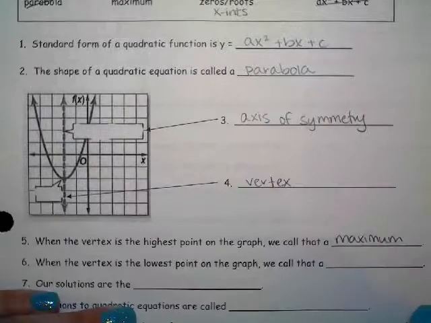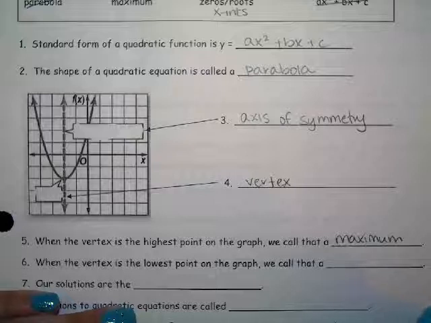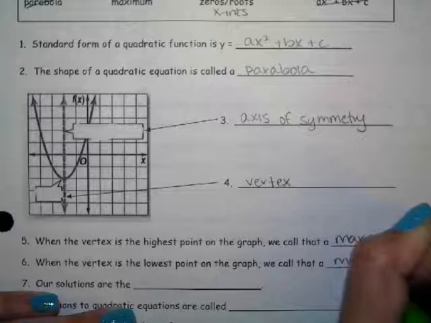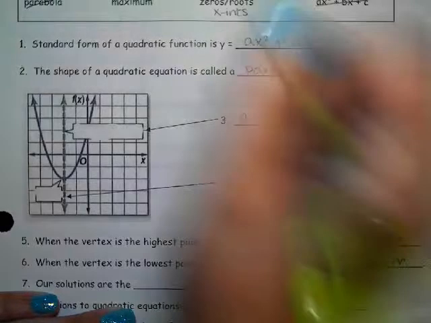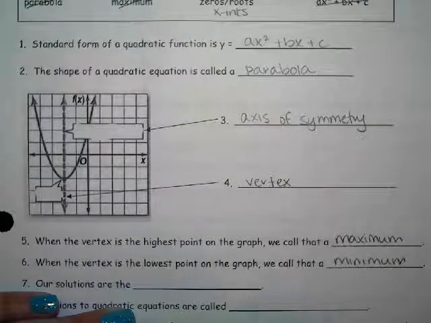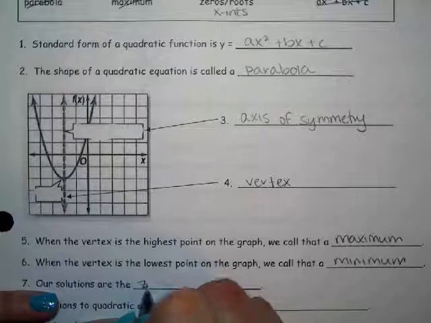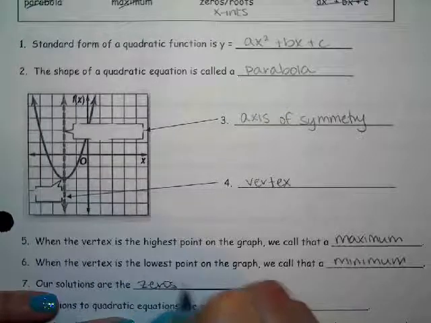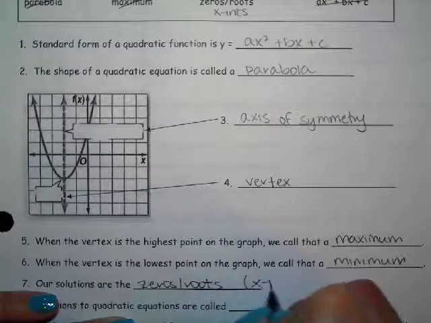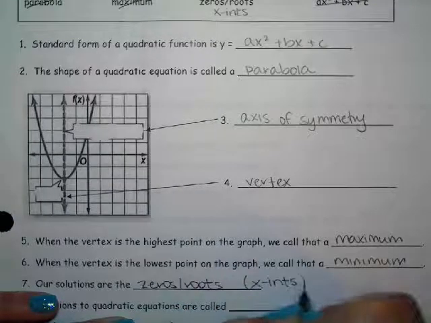When the vertex is the lowest point on the graph, we call that a minimum. Maximum, minimum, vertex, okay? Our solutions are called the zeros and roots. But we know that those are also X-intercepts.